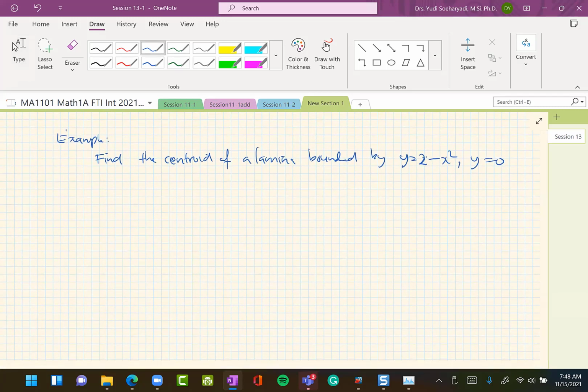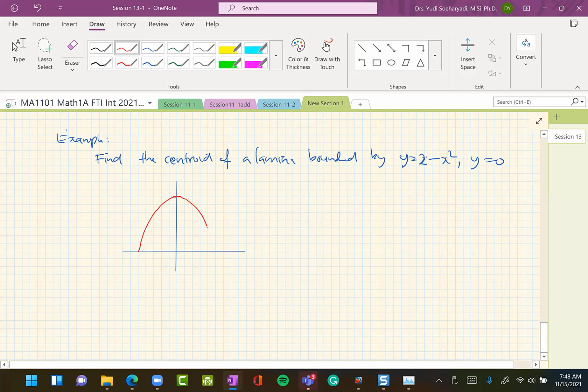So it looks like this, and this is 2. If y equals 0, then x is square root of 2.